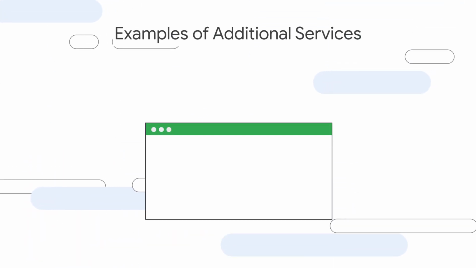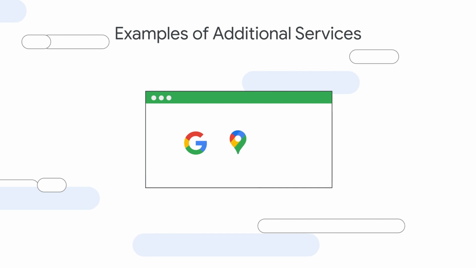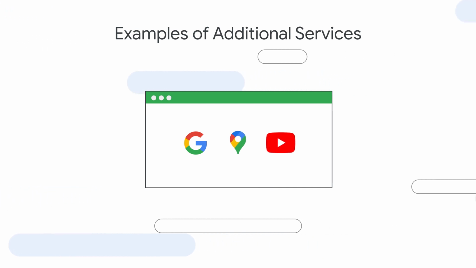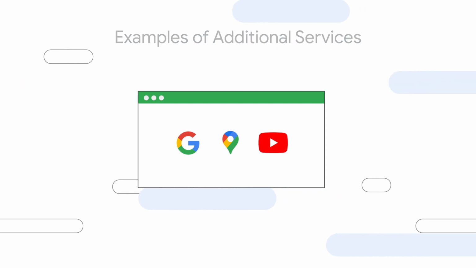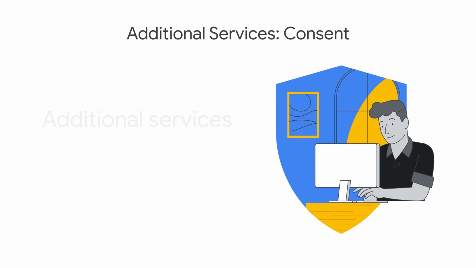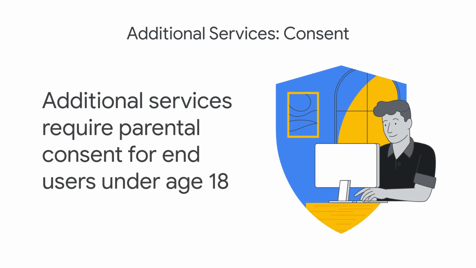Additional services include Google consumer services, such as Google Search, Maps, and YouTube, which Workspace for Education users may have access to within their Workspace accounts if enabled by their school administrator. Additional services are turned off by default for primary and secondary institutions, and admins are required to get parental consent before enabling an additional service for end users under age 18.